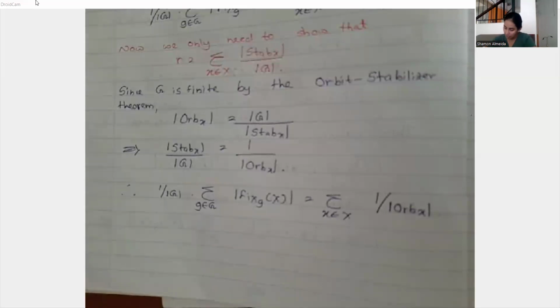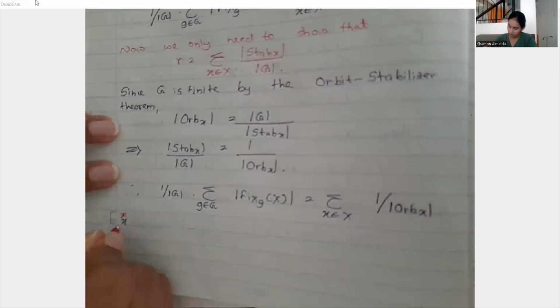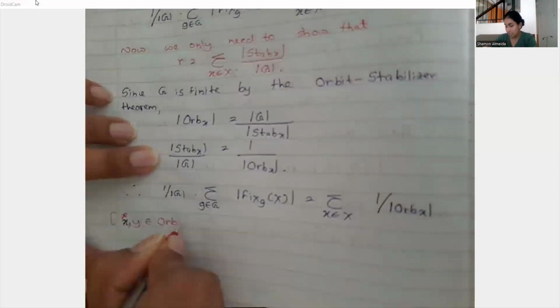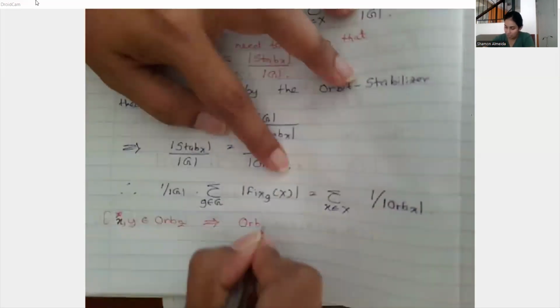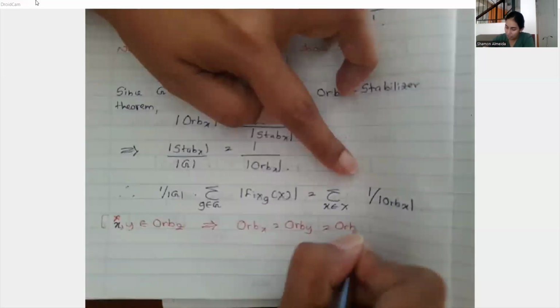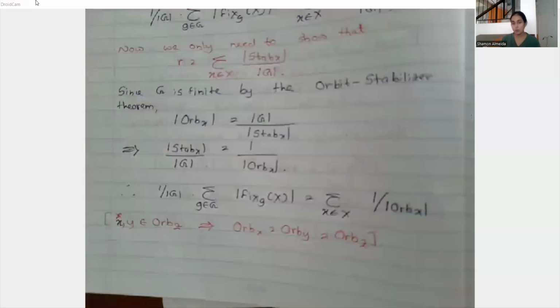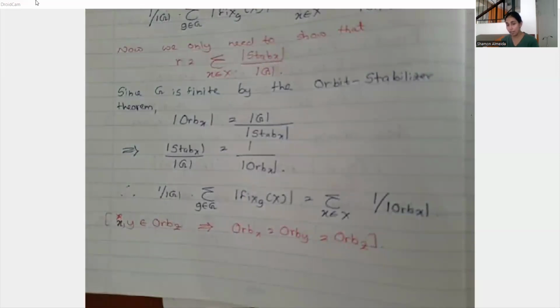For example, if X, Y are in the orbit of, let's say, Z, this implies that orbit of X is equal to orbit of Y, which is equal to the same orbit Z, right? So when you take just one orbit and you run over each element of that orbit, for each element, when you find the orbit, you get the same orbit. That's what I'm trying to say.